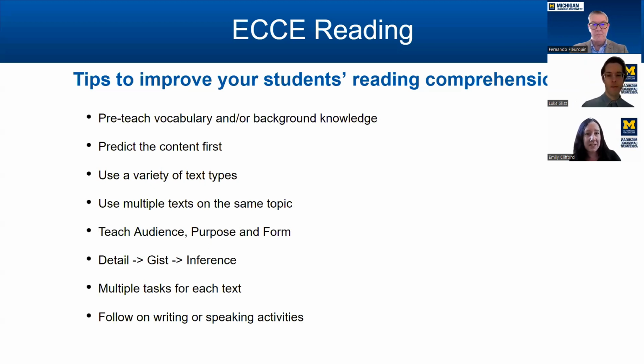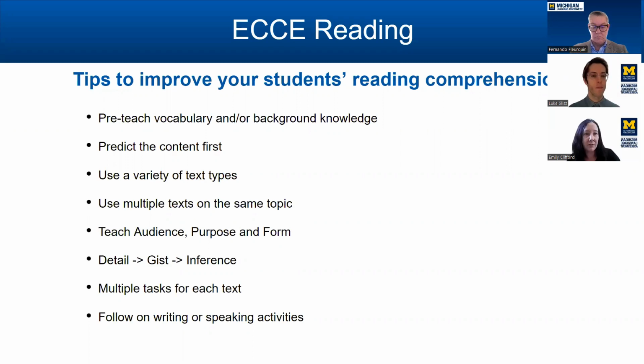As with listening, predicting the content, reading the questions first, or reading headings, looking at related images, can help your students to predict what they're going to be reading about, and give them some idea of what to be looking for.